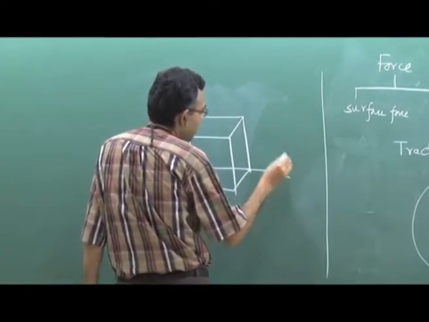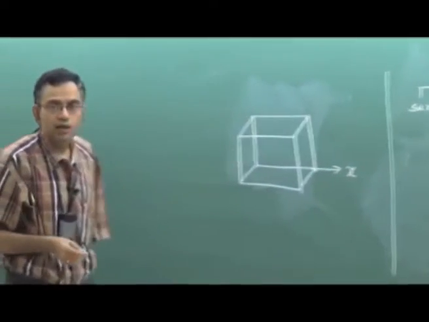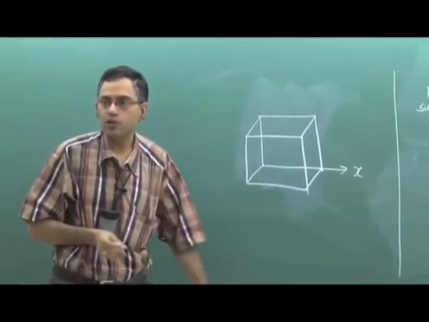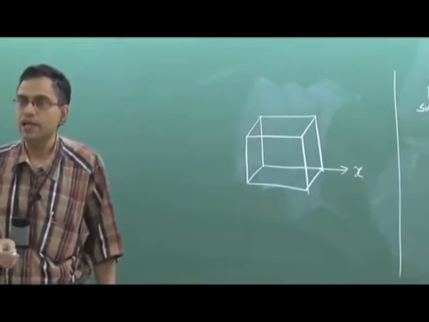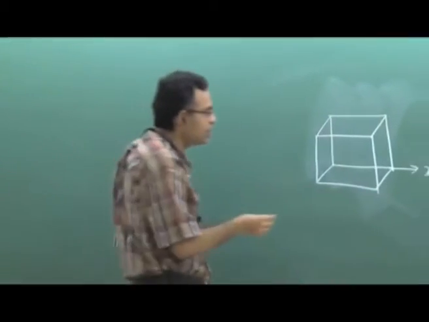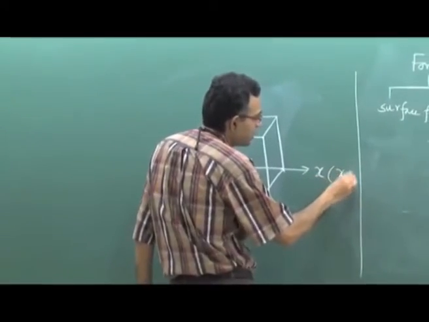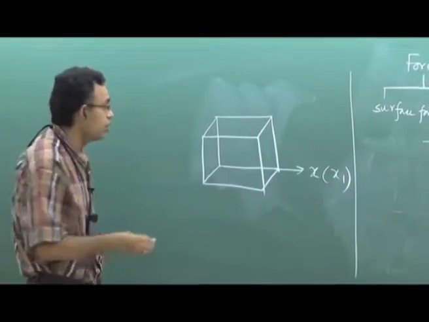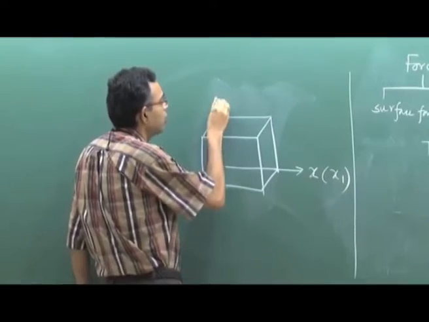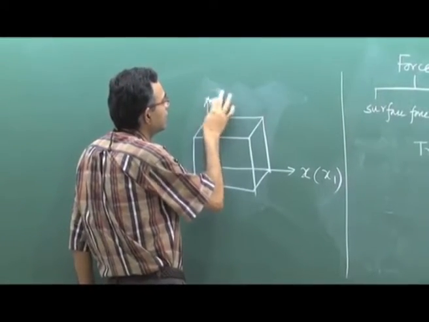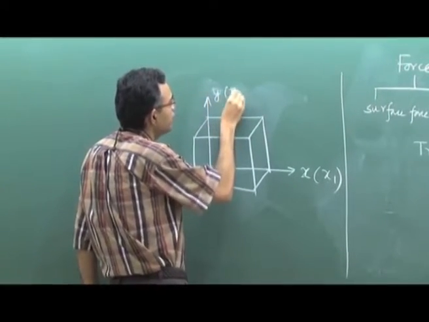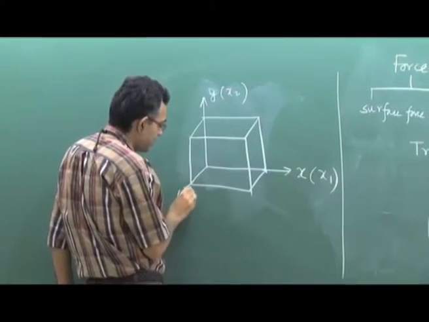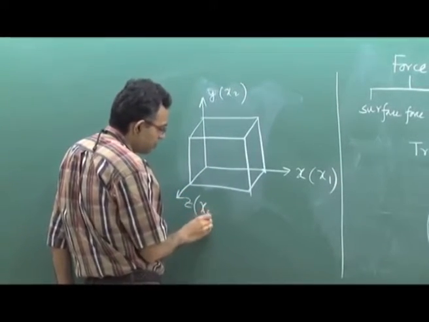Let us say this is the x axis. From now onwards, we will try to use a notation which is called index notation. So in index notation, we will write the x axis as x1, the y axis as x2 and the z axis as x3.